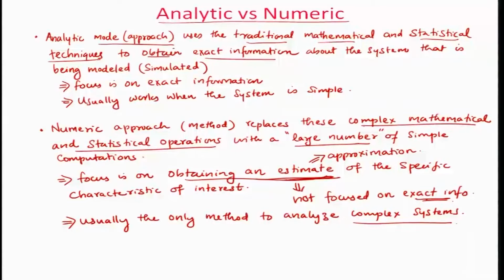The numerical approach replaces the complex mathematical and statistical operations, or the equations, with a large number of simple computations. You use computers to do a set of simple computations to obtain an estimate, or an approximation. That is the numeric method. When you are dealing with large complex systems, you use a numeric approach instead of the analytical mode, which depends more on the traditional mathematical approach.